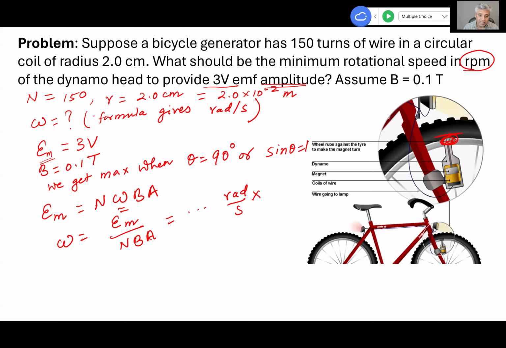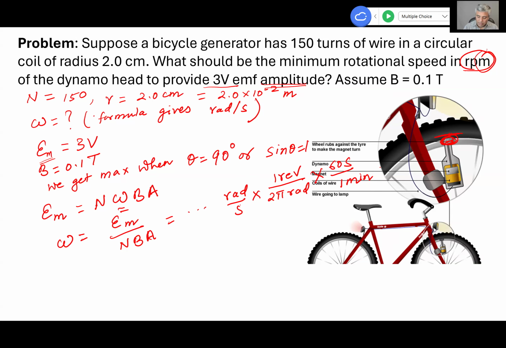So now how do we get RPM? There are 2 pi radians in each revolution, so 1 revolution is 2 pi radians. And then, RPM means per minute, but this is per second, so we need to get rid of that second. There are 60 seconds in 1 minute. Let's use min for minute, since M may look like meter.